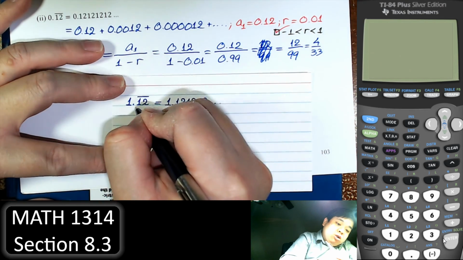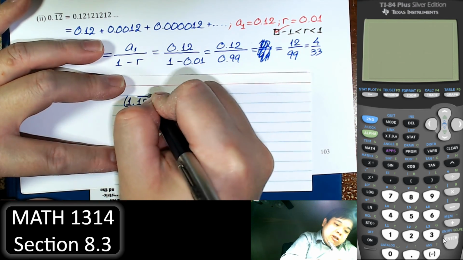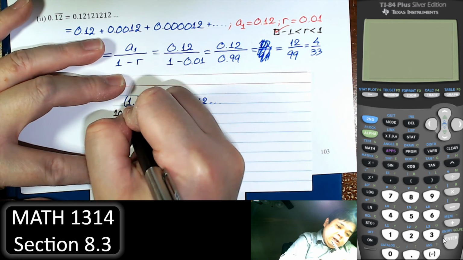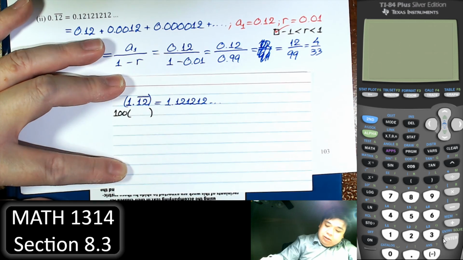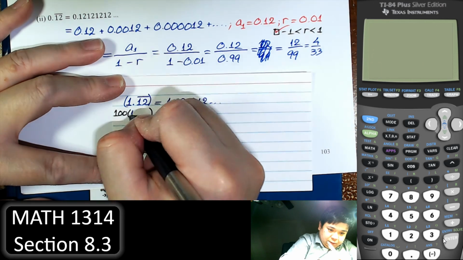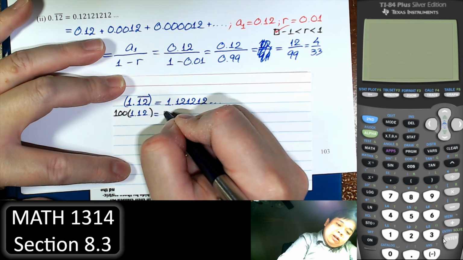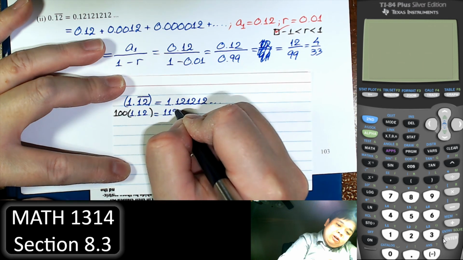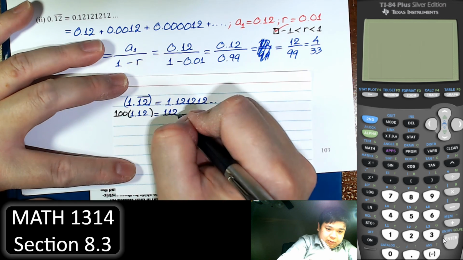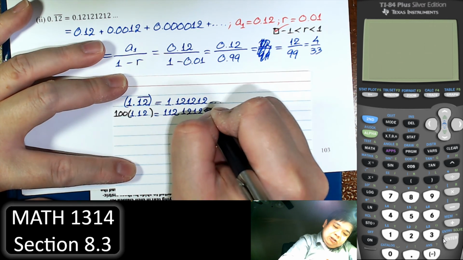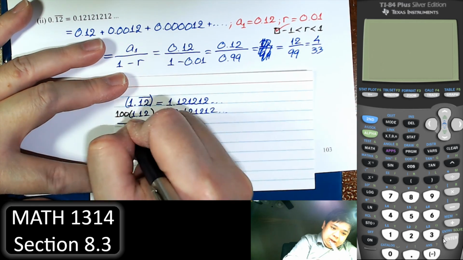So this time I multiply by 100, and that gives us 112.1212.